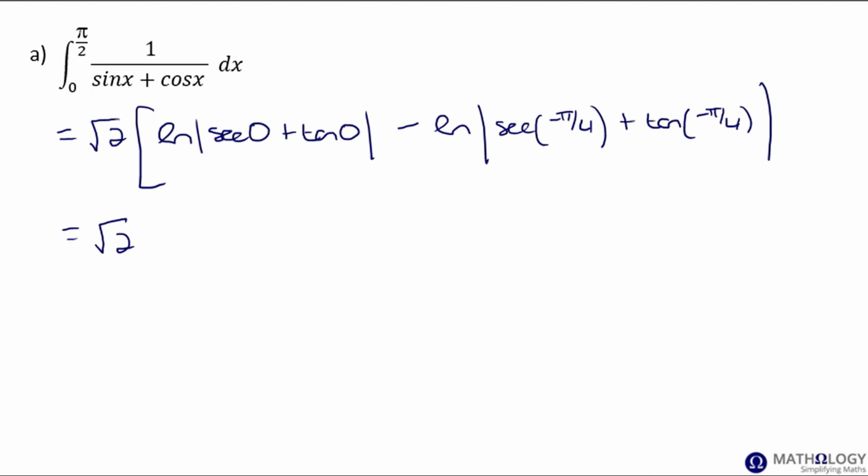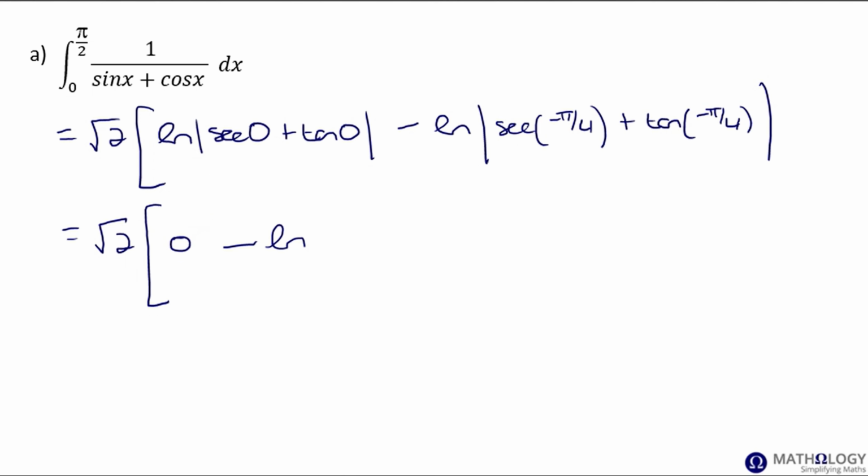Equals root 2 times ln sec 0 is 1, tan 0 is 0, so 1 plus 0 is 1, and ln 1 is 0. We don't need the absolute value sign. We don't even need to write this term in because ln 1 is 0.